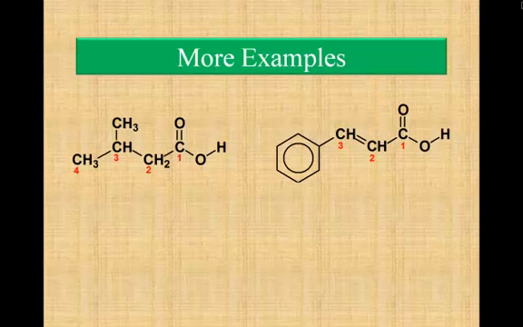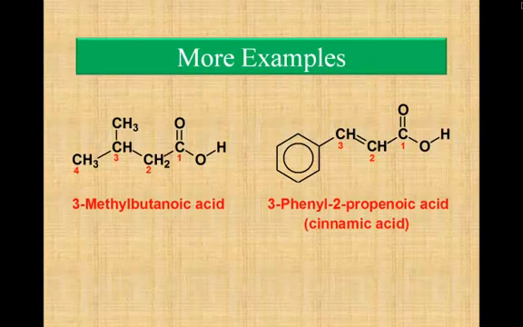We have a double bond, and we also have an aromatic substituent. I've told you before that that substituent is a phenyl group. So this molecule would be 3-phenyl-2-propenoic acid. The phenyl group is at carbon 3. The double bond is at carbon 2. The common name for this molecule is cinnamic acid, and yes, it does smell like cinnamon.